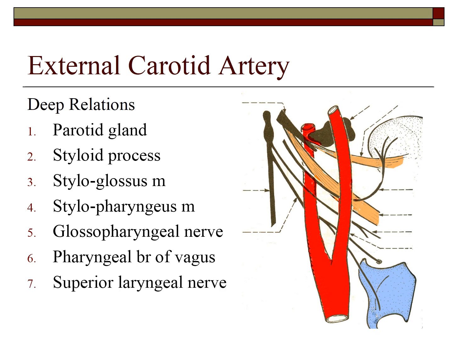This is the superior laryngeal branch from the vagus. So, according to the relations, we have 7 deep relations to the external carotid artery.